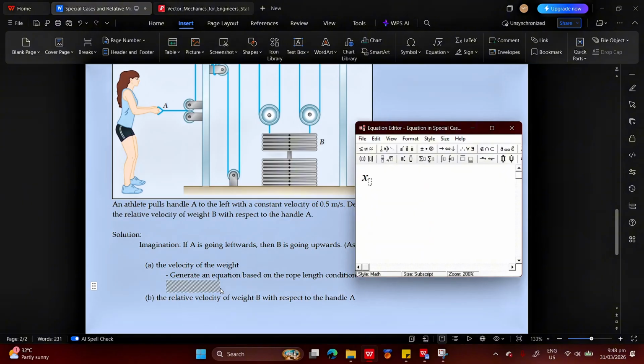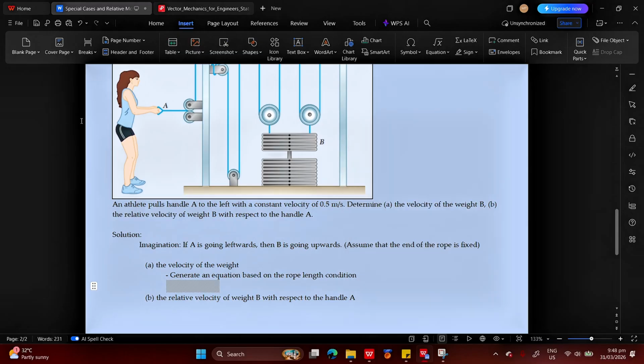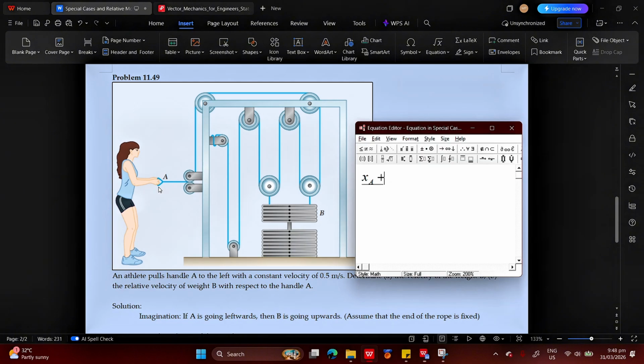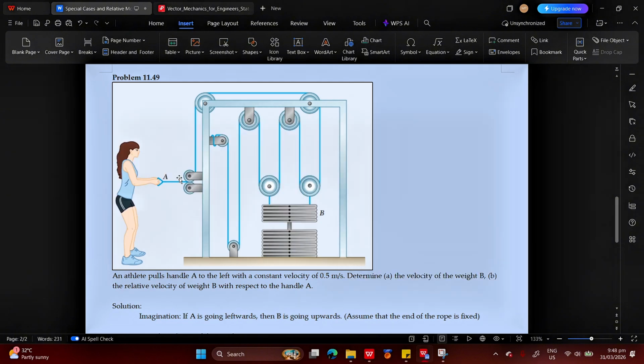X sub A, the length of A from where? From this one? Yeah, we can actually use it. The length of A, intuitively, is just the length of A from this wall, neglecting the constant length of the rope.